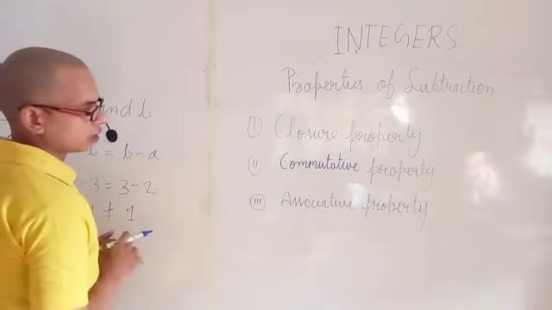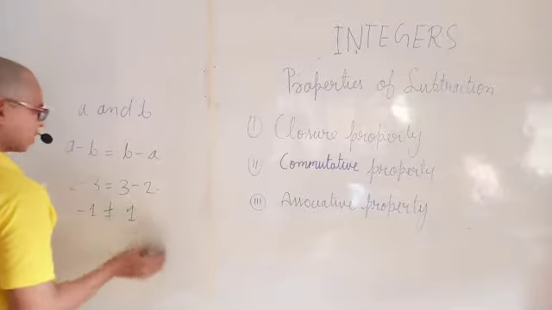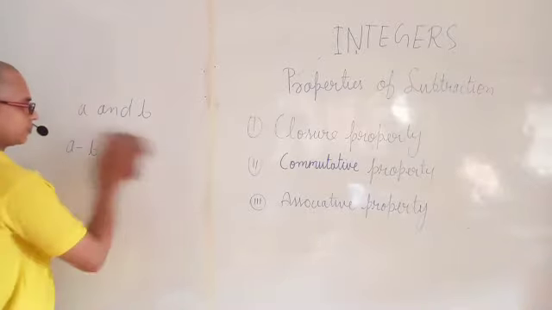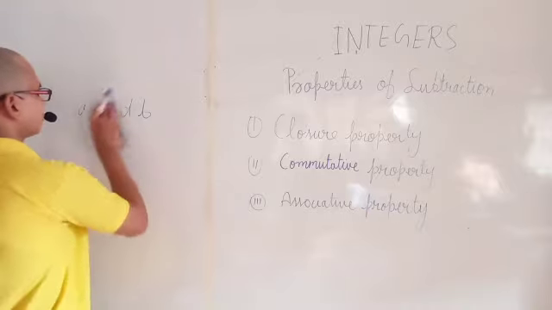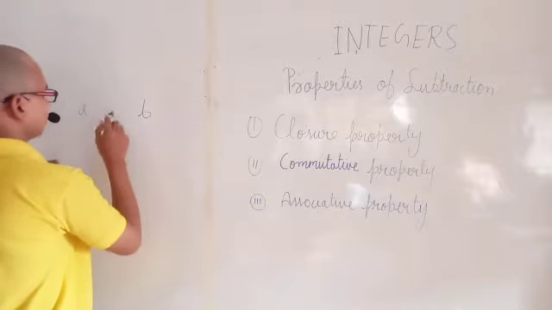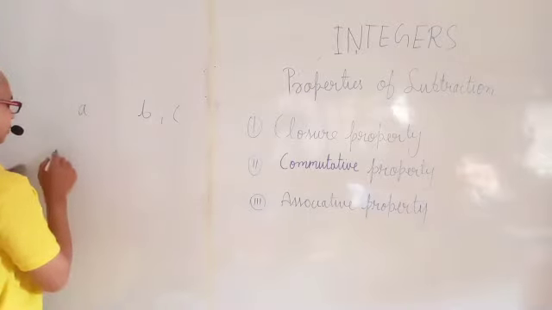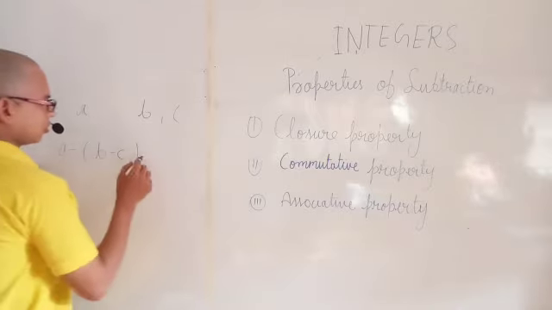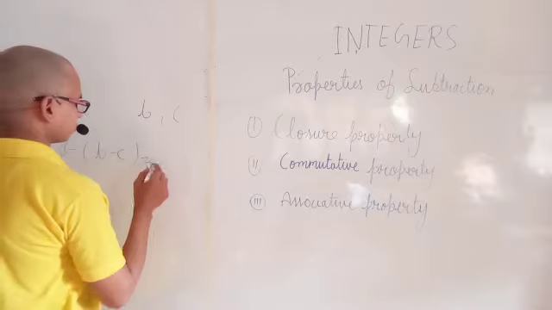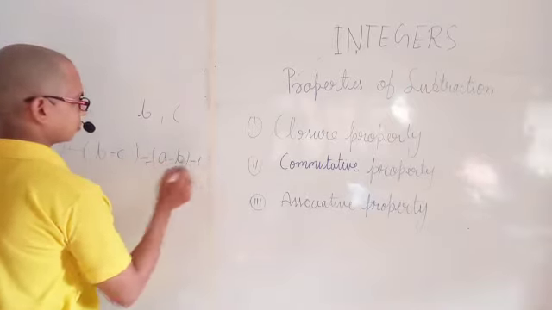Now we check the associative property. What is the associative property? If we take three integers a, b and c, it says that (a minus b) minus c is equal to a minus (b minus c).